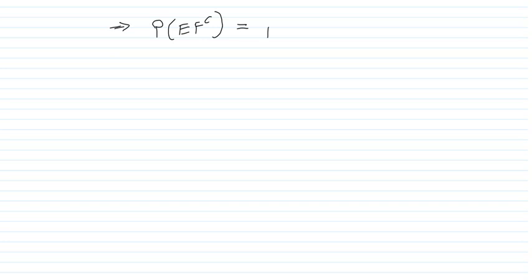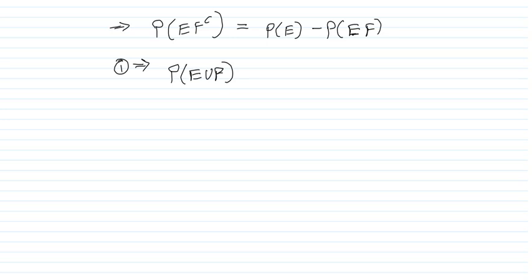Now the first equation we obtained is this: the probability of E union F is equal to the probability of F plus the probability of E intersection with F complement.